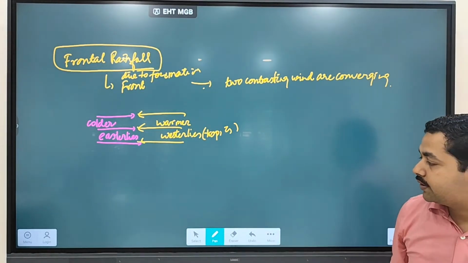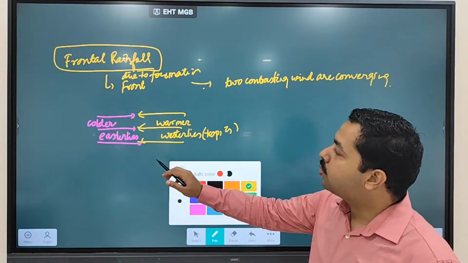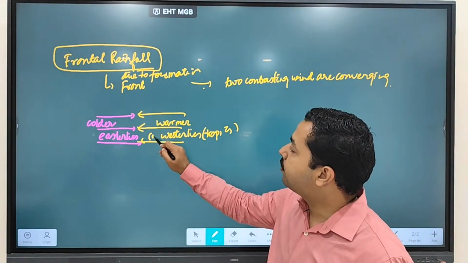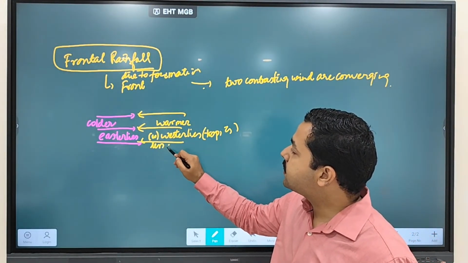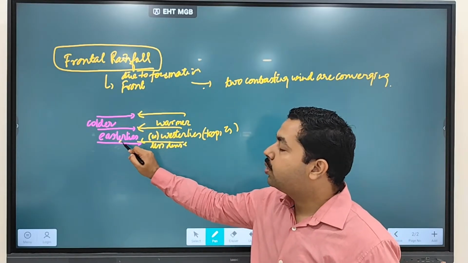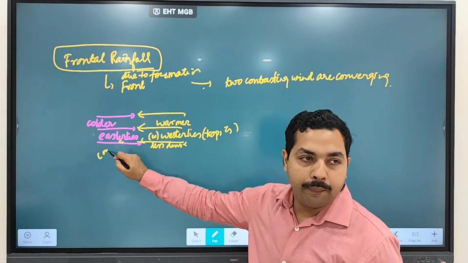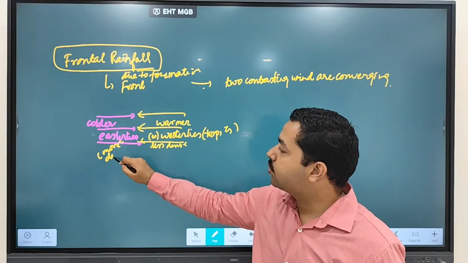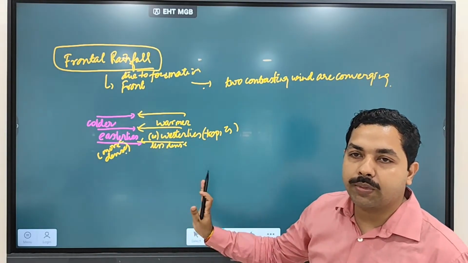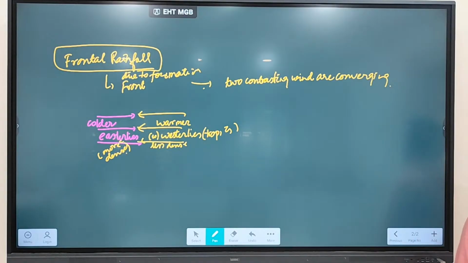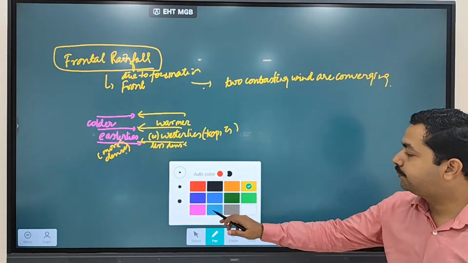These two winds converge. So you know that one is what? One is warmer wind, so it is going to be less dense. Another is colder wind, which is going to be more dense. So warmer wind is less dense, colder wind is more dense. Fine. As a result, what will happen?